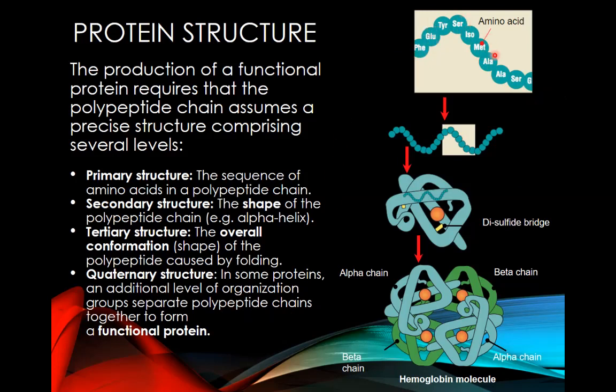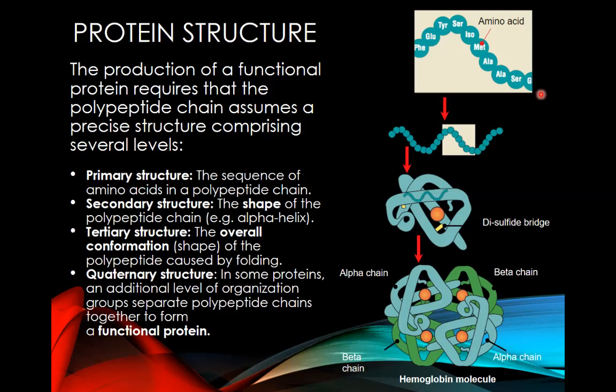These are the amino acids themselves, and these amino acids have a specific order that determines how that protein is going to fold up. Just the sequence itself is the primary structure of the protein. This is what's also known as a polypeptide chain, and we'll talk more about this when we do transcription and translation towards the end of the semester.